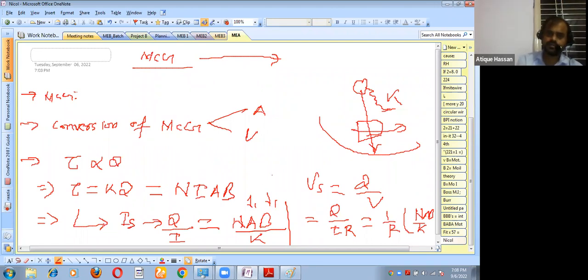Have you got it? We are not going into detail, into construction and working. I will directly give you the formulas which are going to be used in the numerical. Have you understood this part, voltage sensitivity and current sensitivity formula? And we will see how to use this in the questions.